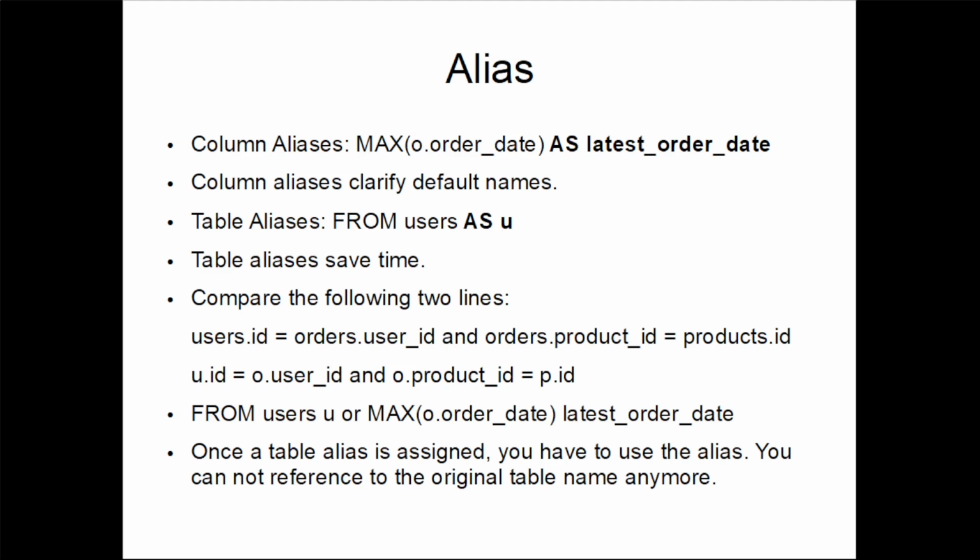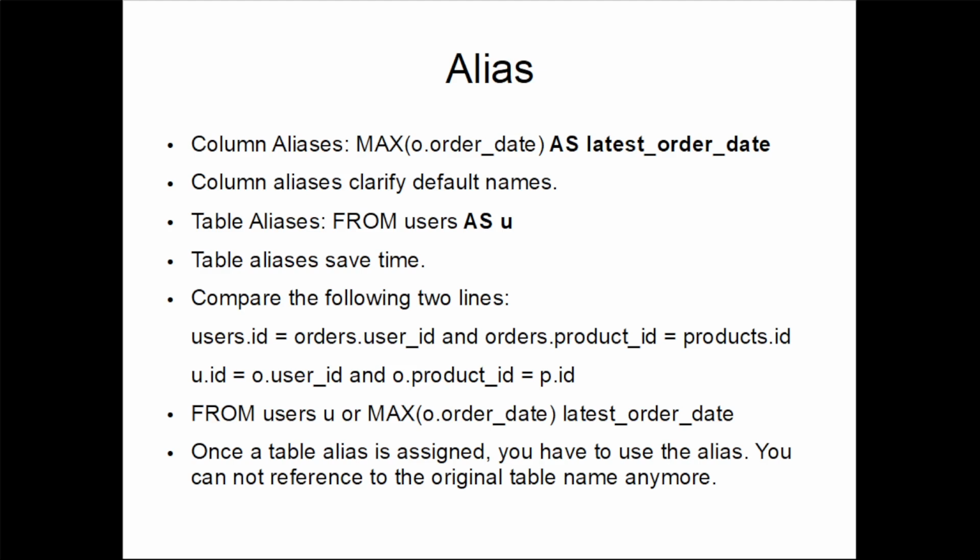Without them, you have users.id equals orders.user_id and orders.product_id equals products.id, which gets wordy fast. Aliases make it snappy. u.id equals o.user_id and o.product_id equals p.id.